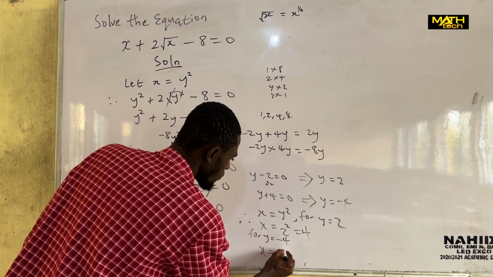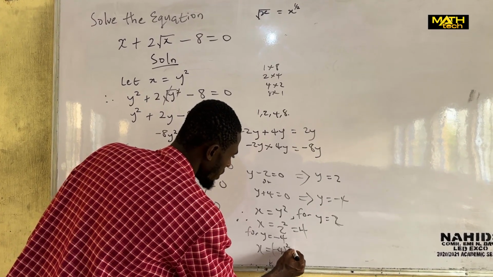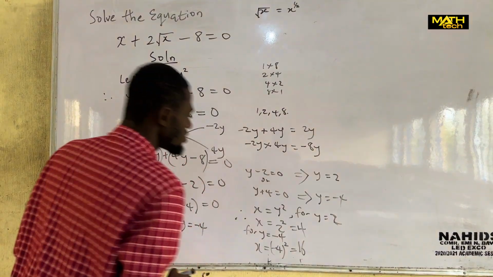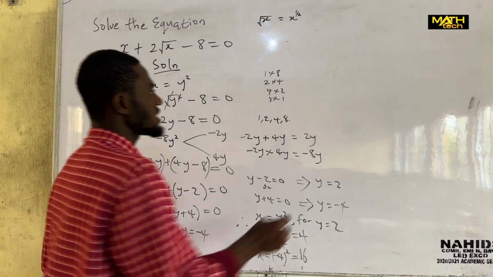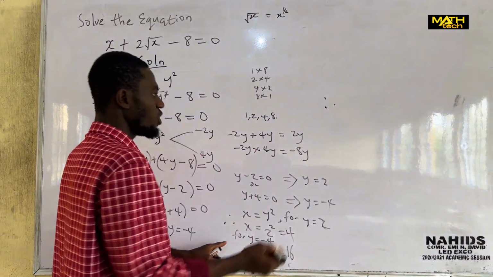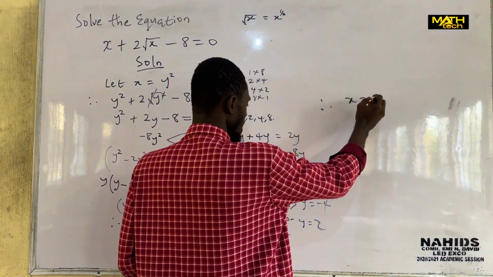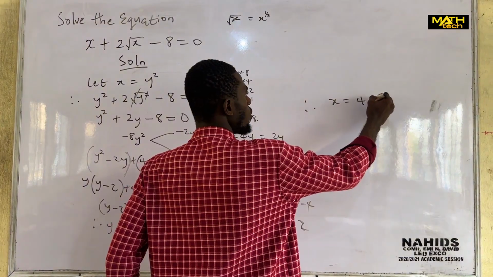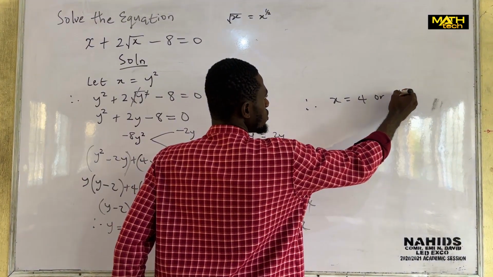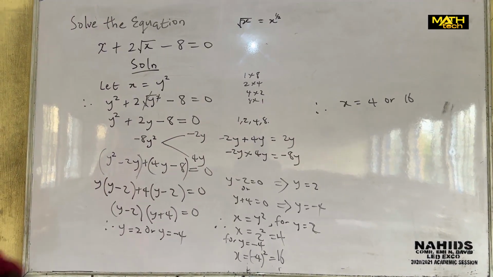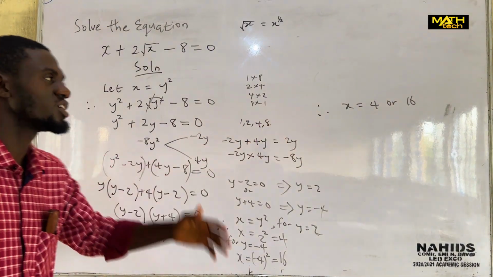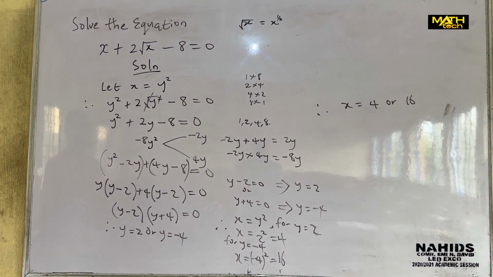Equal to minus 4 all squared, and the value will be what? 16. So it then implies that therefore our value of x is now equal to 4 or 16. So our value of x is equal to 4. The value of x is equal to what? 16.